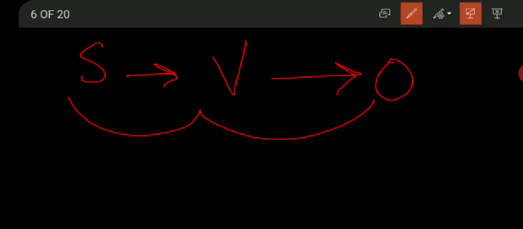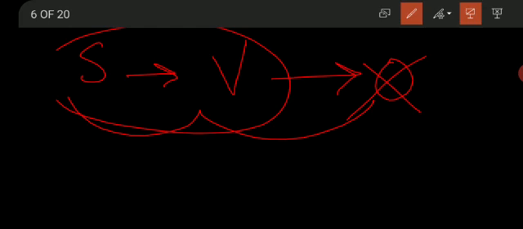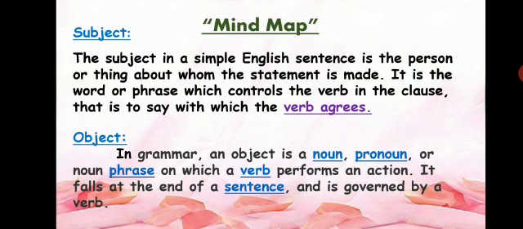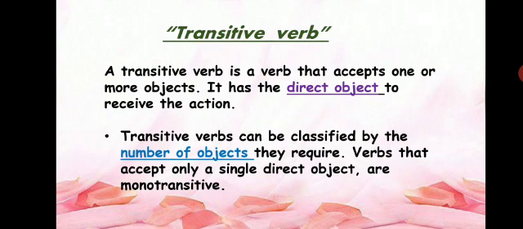But students, do you know that the two most important components of the sentence are subject and verb? A sentence can have complete sense without an object, but it will not have complete sense without a subject or verb.